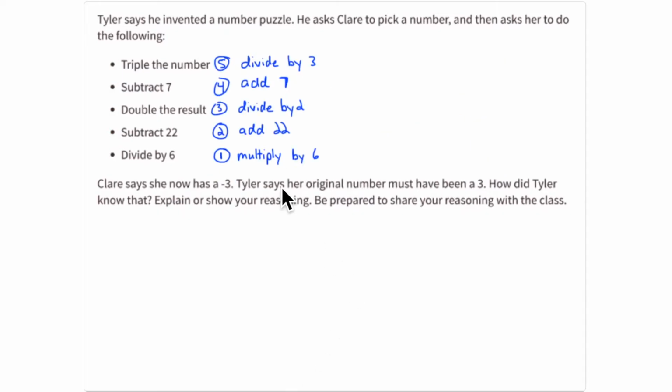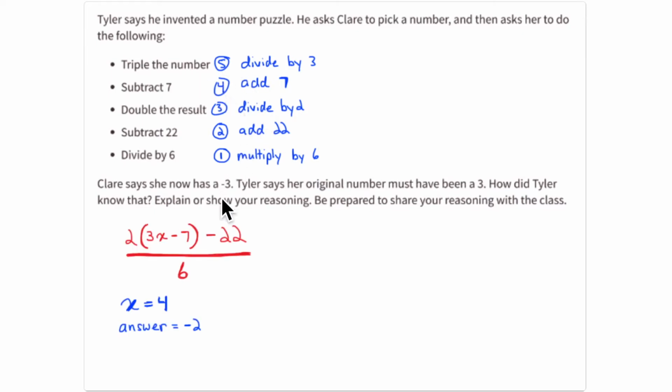So if we try that, we can work back. One way to figure this out is just to work backwards. Rather than simplify the expression, begin with the number that is the answer and work backwards, and you'll get the number that was started with. This is the simplified expression. Now if I work backwards, this is going from triple a number, subtract 7, and so on to get to this expression.